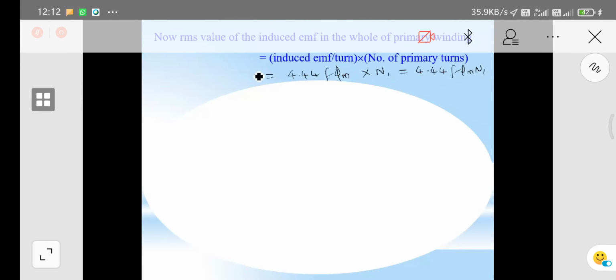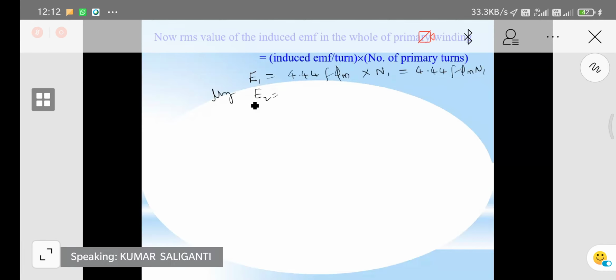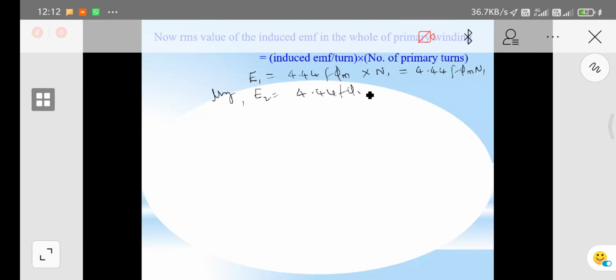This is E1. Similarly for E2, it is 4.44 f Φm into N2.